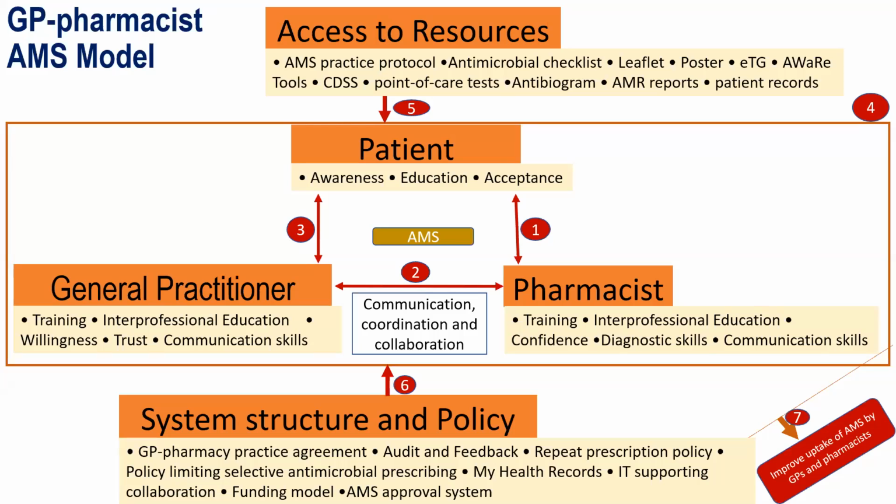Also, any policy that limits selective antimicrobial prescription, especially the broad-spectrum antimicrobials, and some IT facilities that might support this collaboration, and the funding models and AMS approval systems in place. So we're hoping to work with this model and to understand how we can operationalize it in future to promote AMS in collaboration between GP and pharmacy.